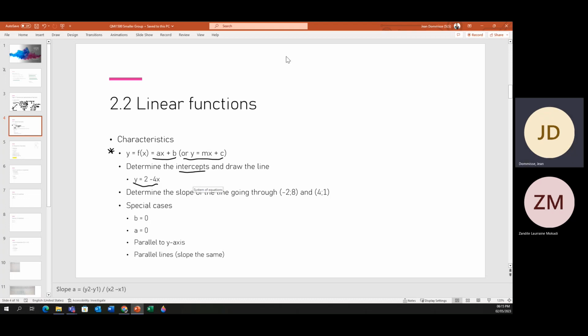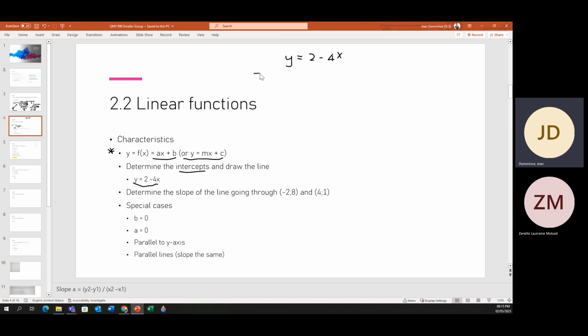So when I have y equals 2 minus 4x, the first thing that I would say, okay, they want me to determine the intercepts. Okay, cool. That's easy enough.